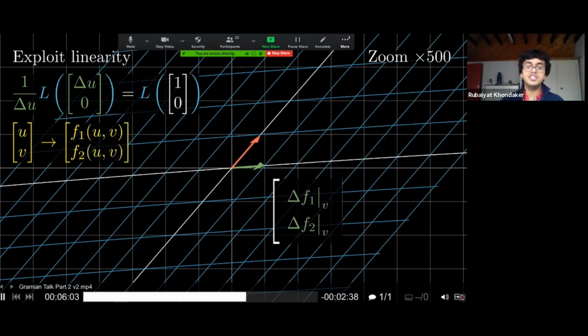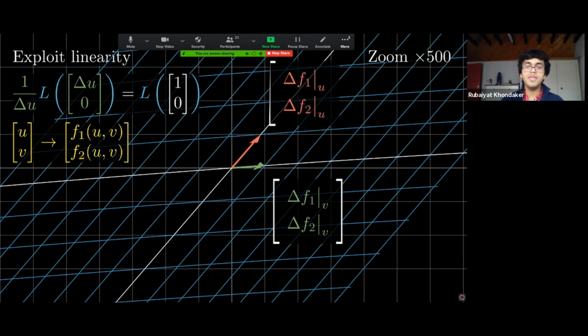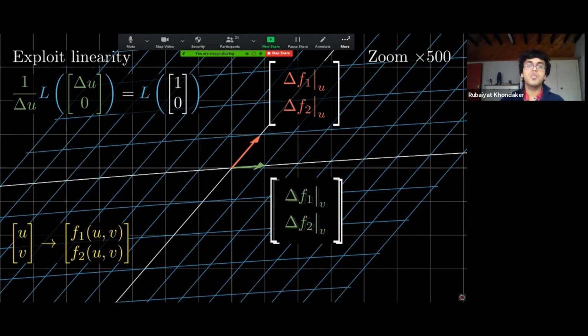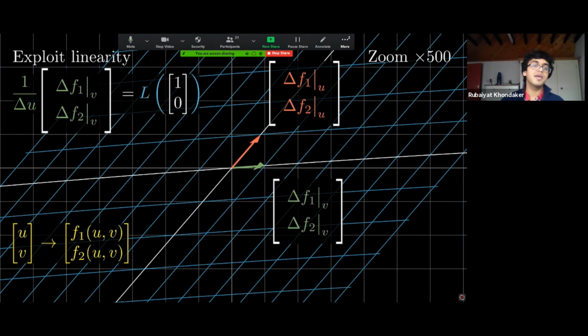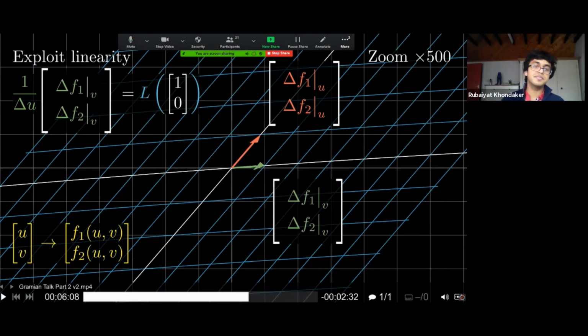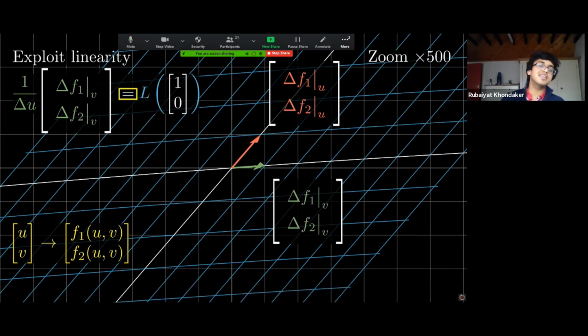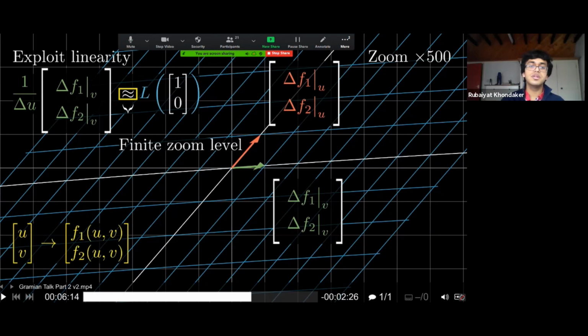And a tiny change to f2, the y component of the output, again when holding v constant. And similarly here, it's a change to f1 when holding u constant, and a change to f2 when holding u constant as well. So when you substitute that in, you get this equality. And again, it's not technically an equality, but an approximation. Again, we're at a finite zoom level here, zoom times 500.